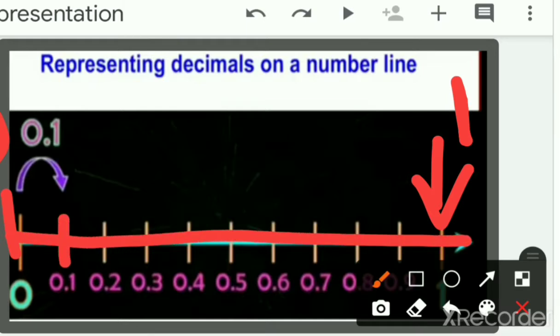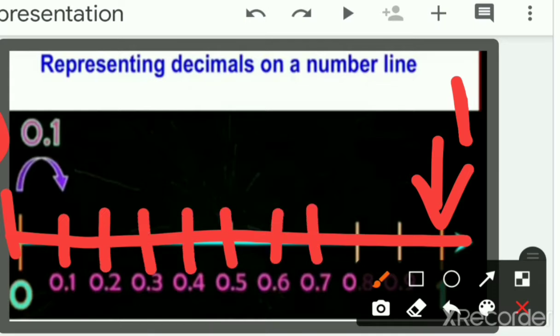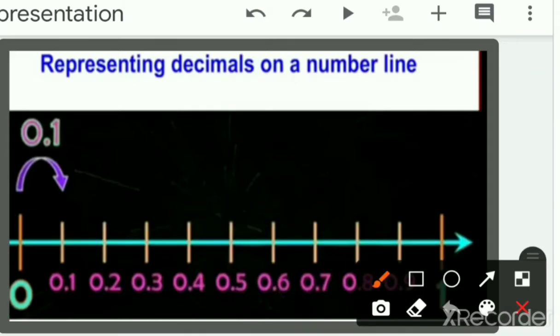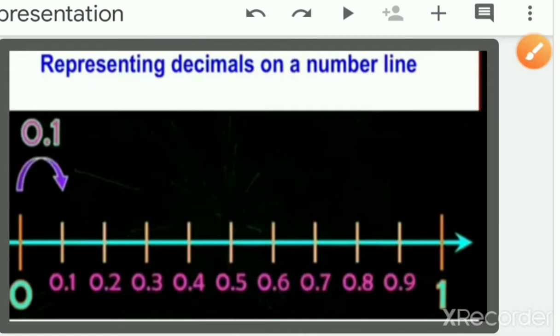How many total gaps will there be? 10. From 0 to 1 we have a total of 10 sections, and the total distance between them is divided into 10 gaps.